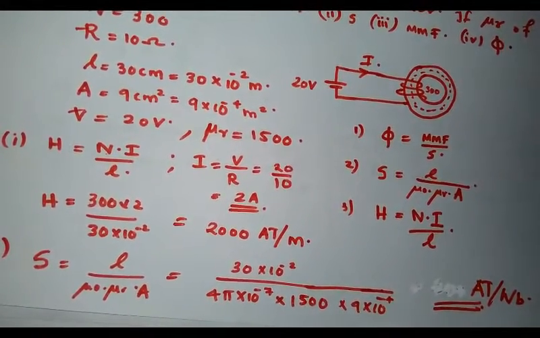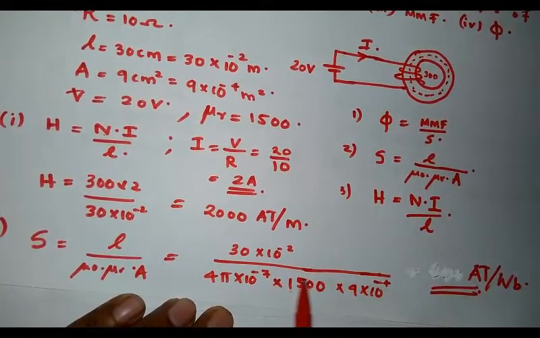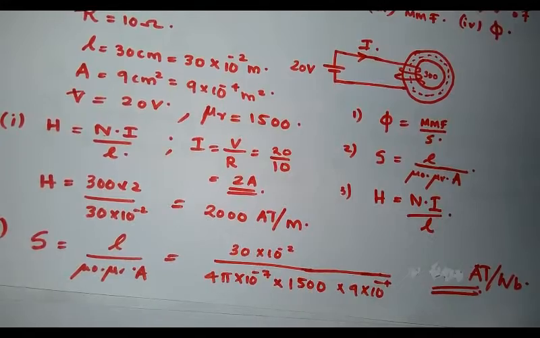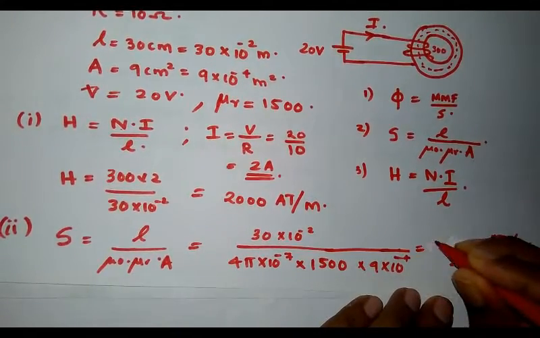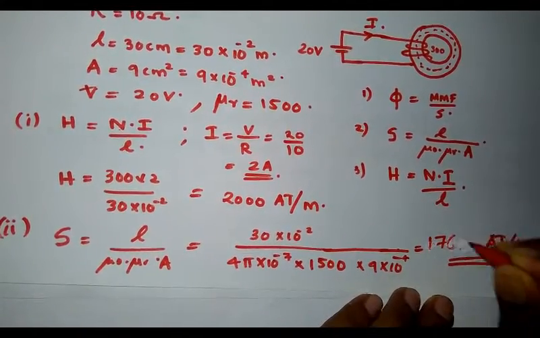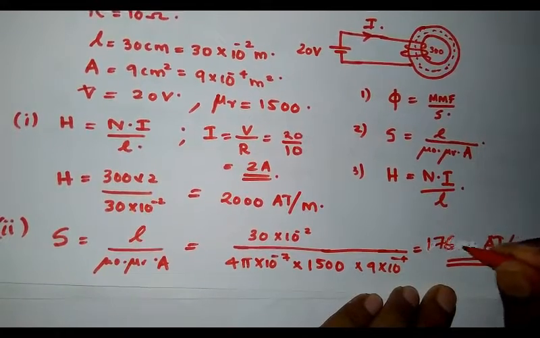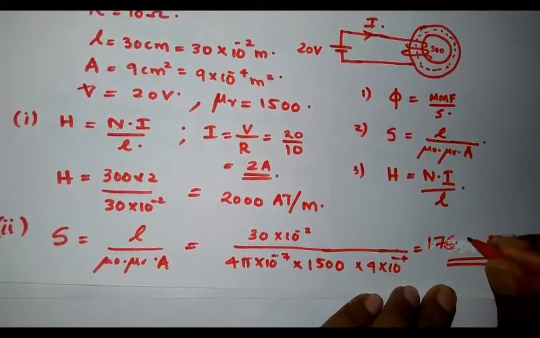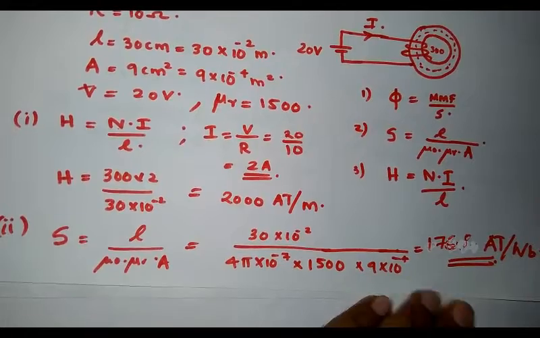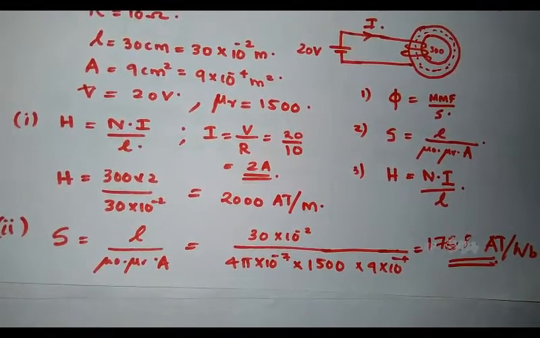Therefore, the reluctance S is approximately equal to 176.8 into 10 to the power 3 ampere turns per Weber.